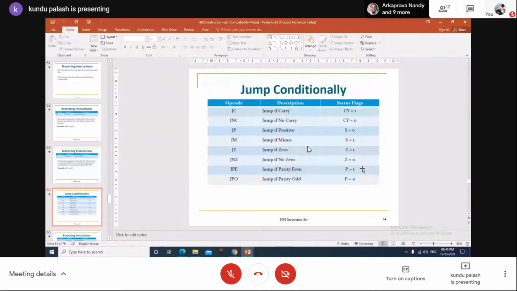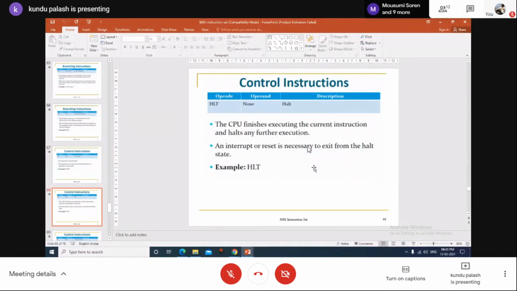So if the power is applied the next time, the CPU will start fetching the instruction upon power and reset condition from location 0000. That is the first location of the address space. In fact, the halt instruction is used at the end of the program, HLT.